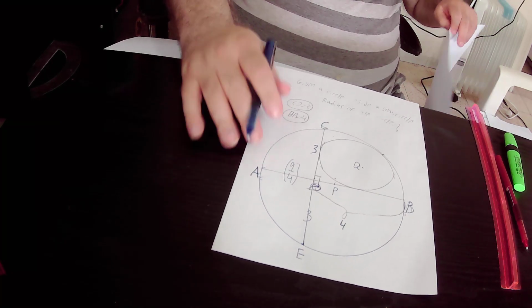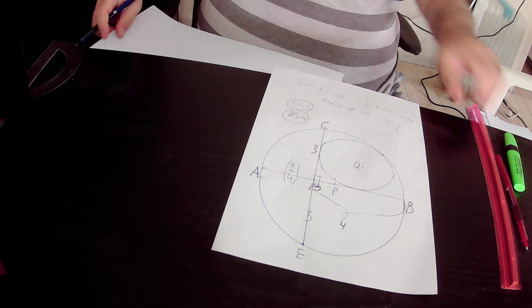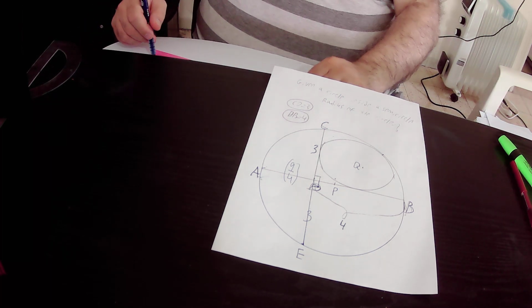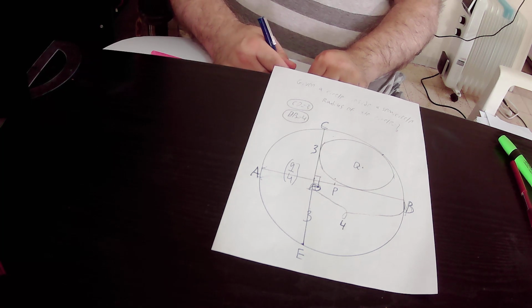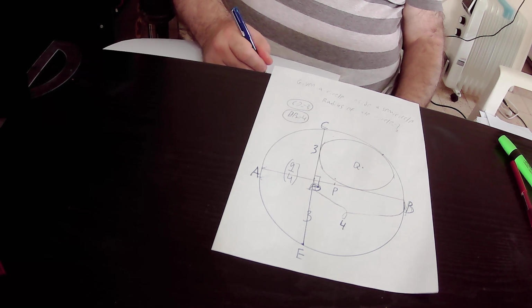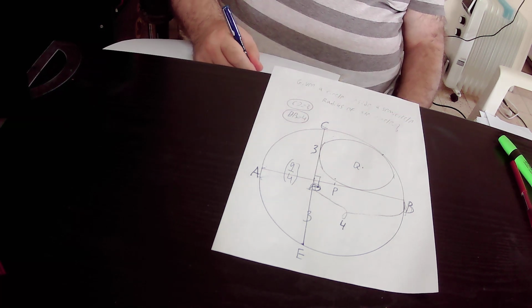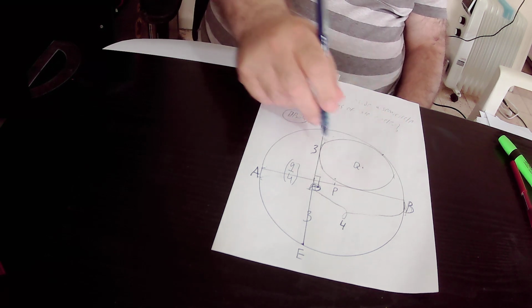What is the length of the short line segment DP? From the drawing, it is very easy to see that the length of the short line segment DP is equal to DB minus PB.